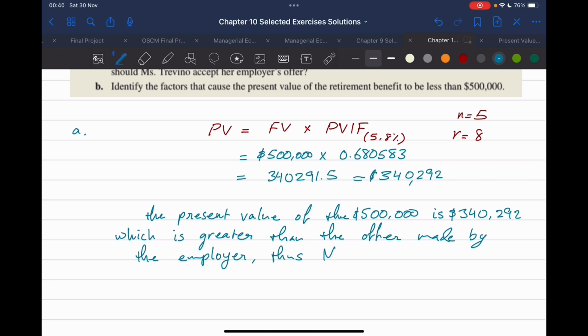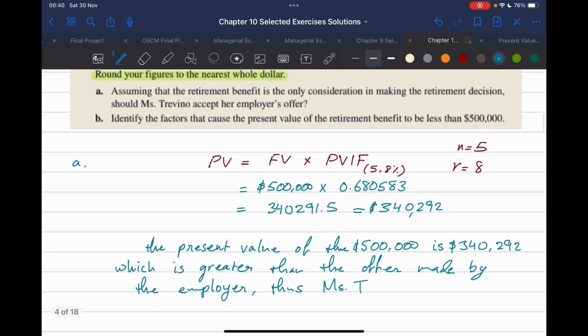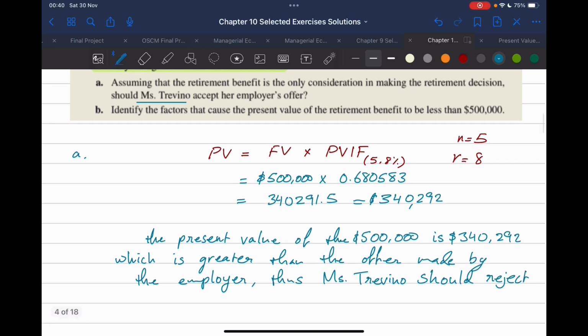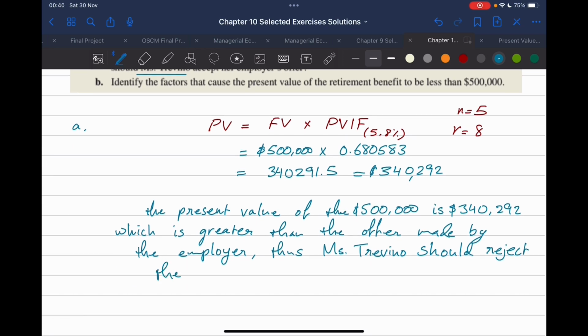Thus, Ms. Trevino should, in this case, of course, reject the offer.